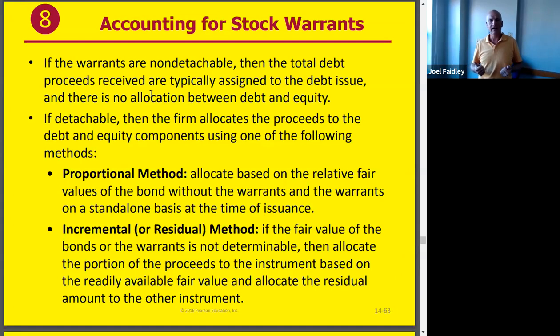So there's a fair value associated with that, and you can allocate the cash proceeds from the sale to each. Now, if you know the value of the bonds but not the warrants, or the value of the warrants but not the bonds, then you have to use what's called the incremental method, meaning the one you know the value of, you value that one, and then the rest, the leftovers, goes into the other security.